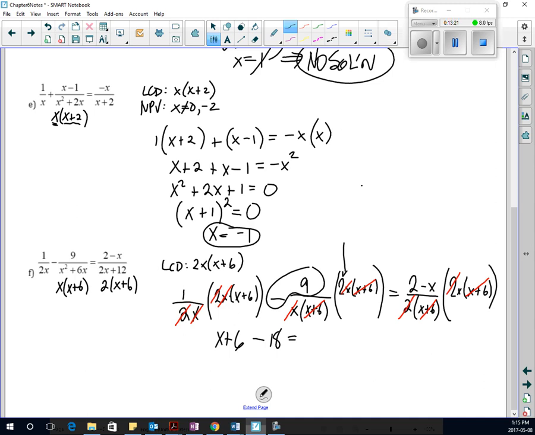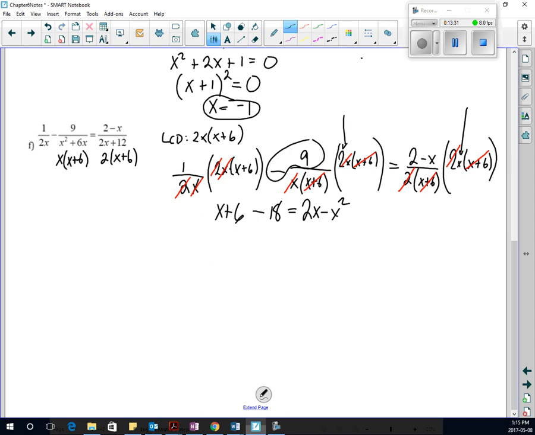It looks like everything cancels except for this x, so I have to multiply the x times 2 minus x, so I get 2x minus x squared. I'm going to move everything over to the left side, so I get x squared minus x, and then 6 minus 18 is minus 12 equals 0. So I get x minus 4 times x plus 3 equals 0, which means x equals 4 and negative 3.